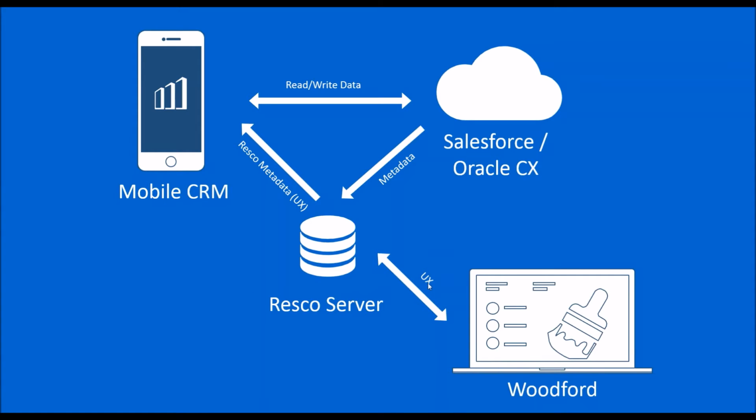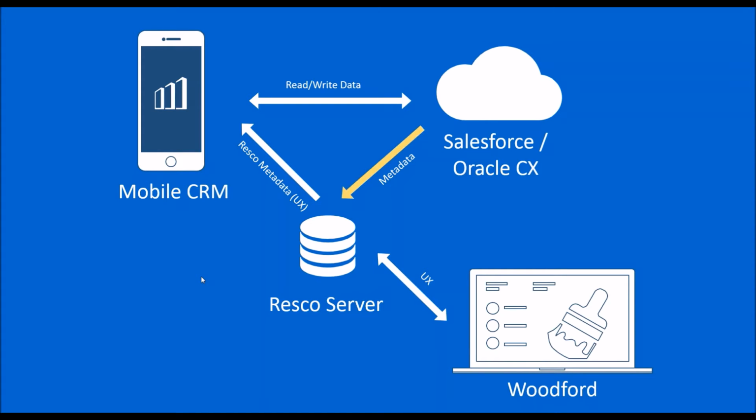But in the middle of it all, there is another component, Resco Server, which somehow makes it all possible. So it's not such a direct integration as with Dynamics CRM, and maybe this type of integration will follow later. But for now, it is an architecture like this. So let's go into more details.